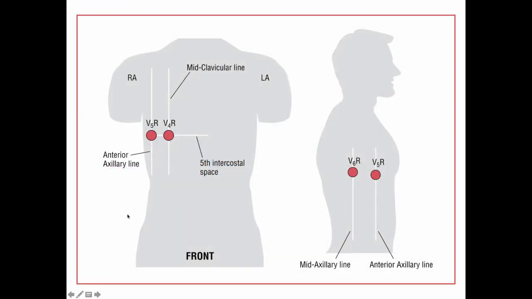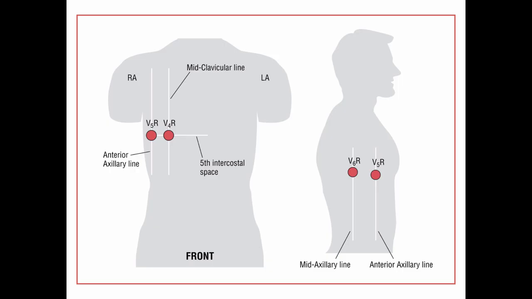To place our right-sided leads, we've got V4R, V5R, and V6R. So we just place them in the same anatomic position that we did V4, V5, V6. We just switch those over to our right side, and we are physically putting those leads onto the right side.